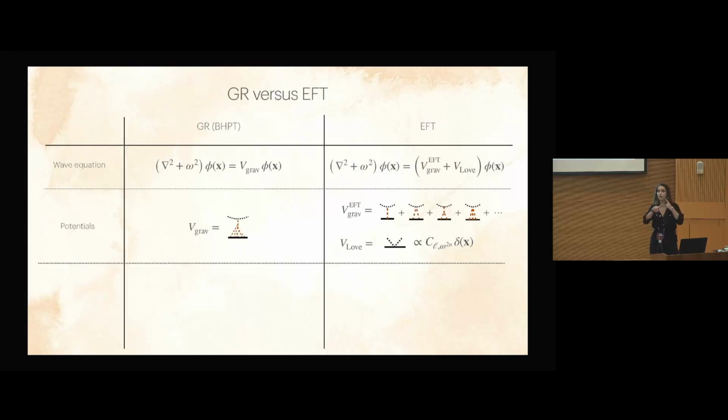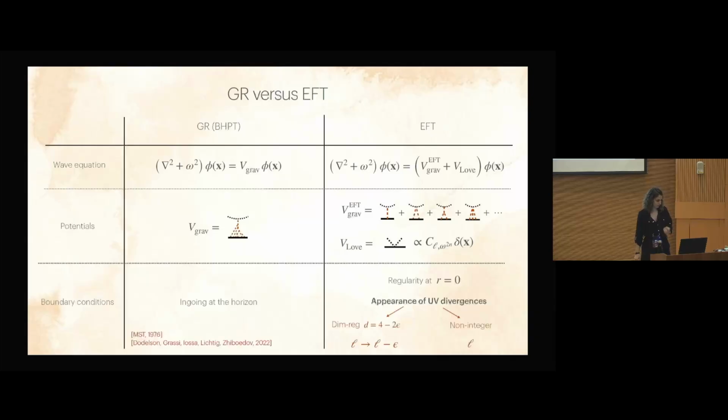These contact terms that I was showing you earlier are basically analytic functions in Q, and if you Fourier transform an analytic function, it gives you a delta function and derivatives of the delta function. So we can compute exactly what this V_love looks like in terms of the worldline that I showed you earlier.